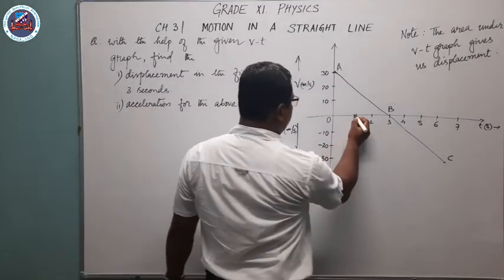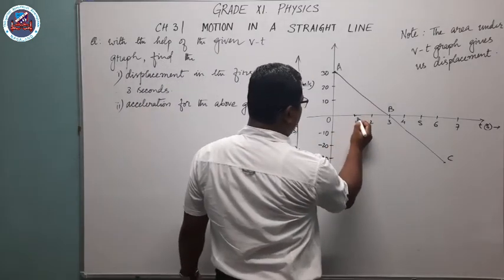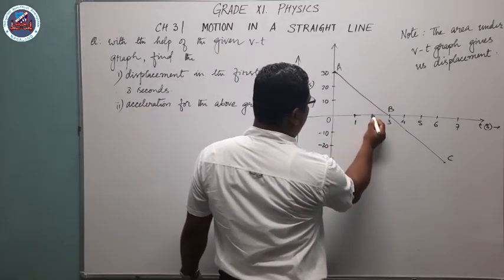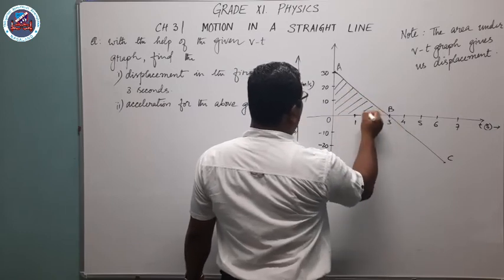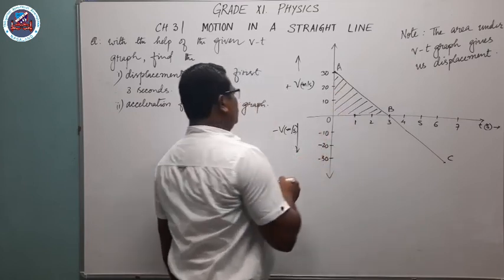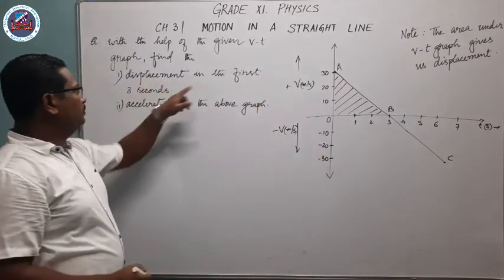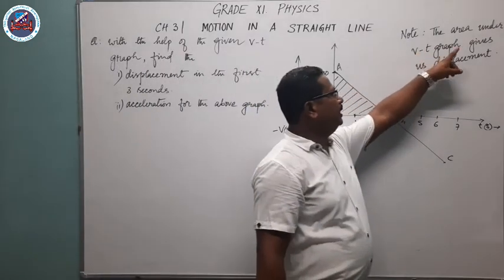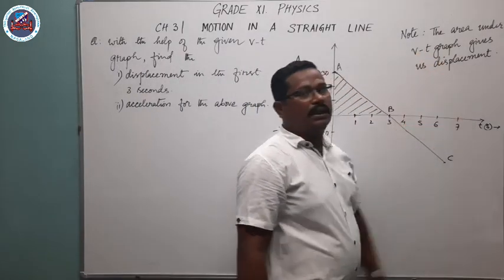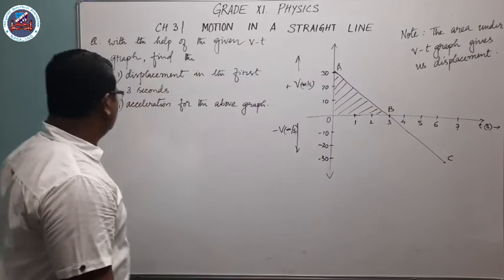To find the displacement in the first 3 seconds, this is the first 1 second, 2 second, 3 second. The area of triangle AOB will give you the displacement in the first 3 seconds. That's what is written here. The area under the velocity time graph gives us displacement, that you need to know.